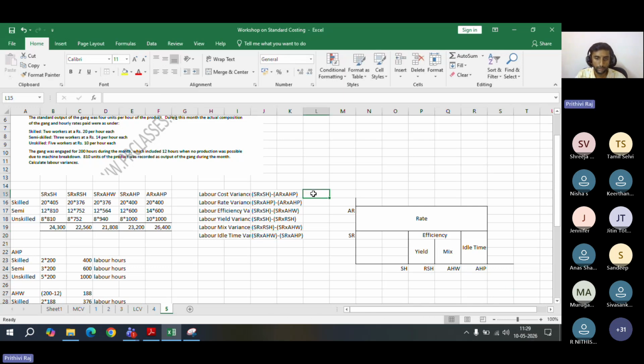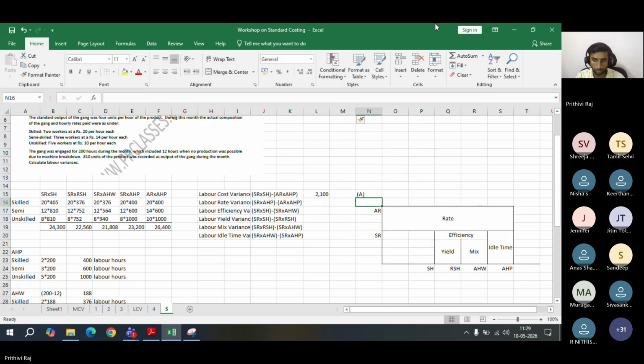Now let's solve it. SR into SH minus AR into AHP: 2100 adverse. Labor rate variance, SR into AHP minus AR into AHP: 3200 adverse. Labor efficiency variance, SR into SH minus SR into AHW: 2492 favorable.